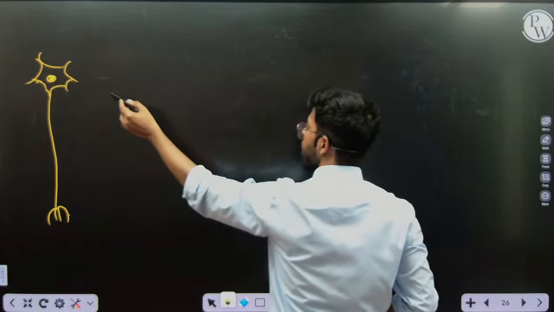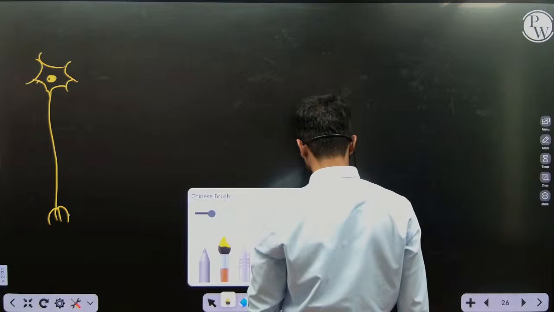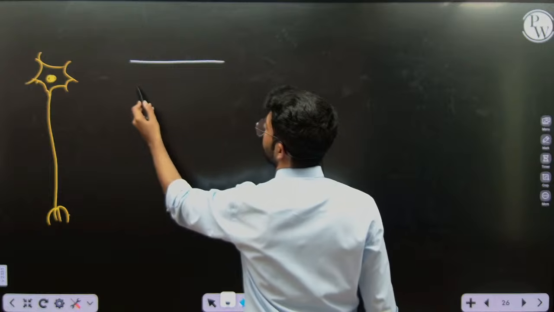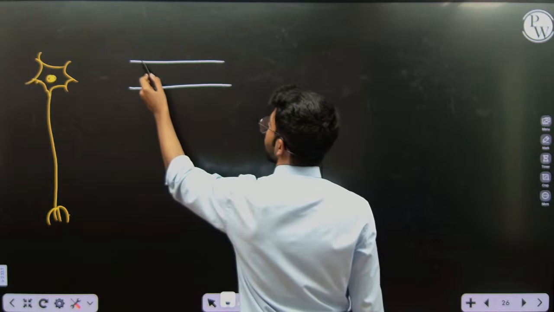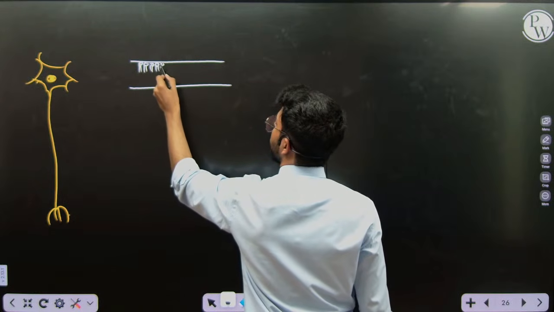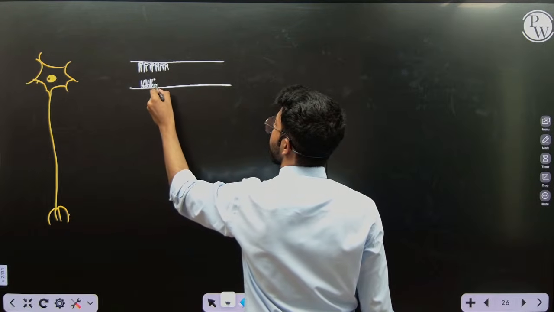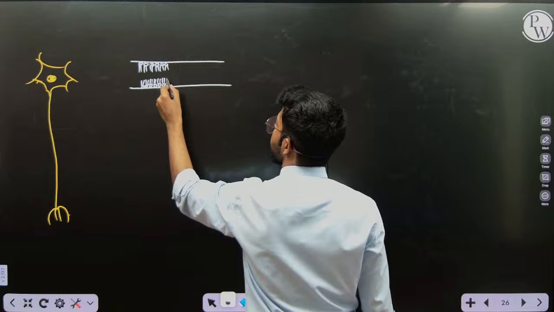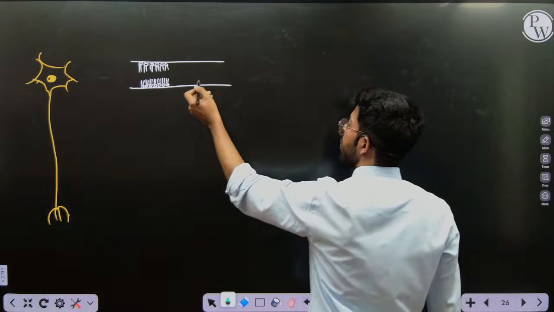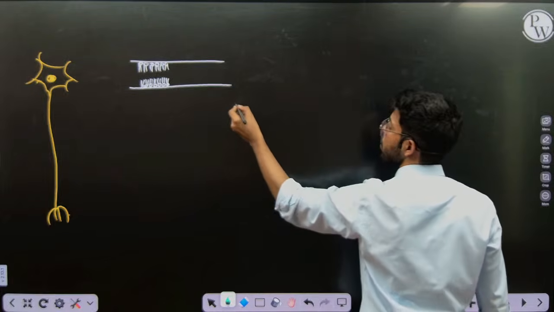So if we cut the plasma membrane of this axon and study, this is also composed of the phospholipid bilayer, and as we have discussed earlier, it has transporters or ion channels also.